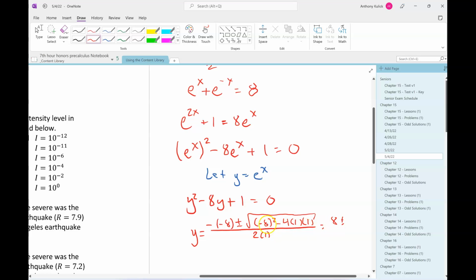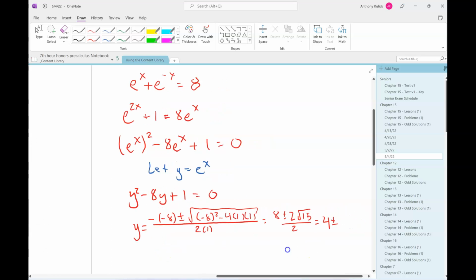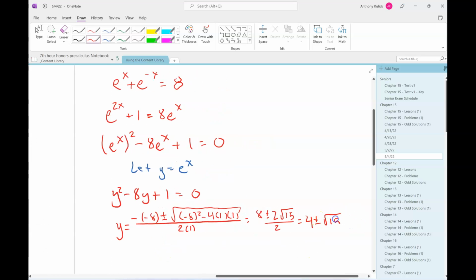So negative 8 squared is 64, minus 4 is 60. And 60 is 4 times 15. That's relevant because the square root of 60 would be the square root of 4, or 2, times the square root of 15. And that reduces down to 4 plus or minus root 15. But remember, we're not solving for y, we're solving for x.